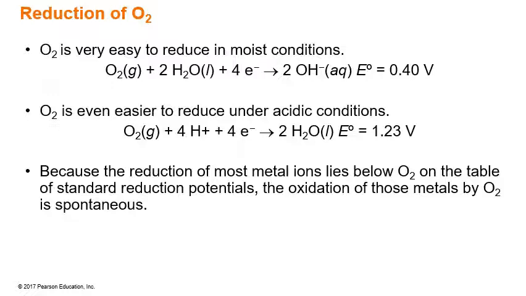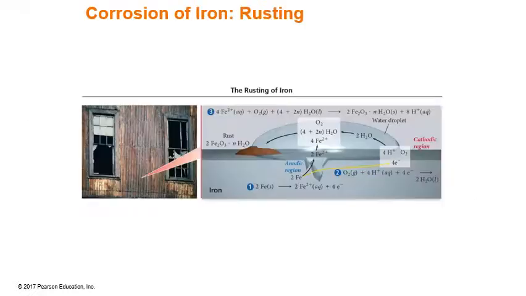Because our metal lies below oxygen, the metals are the ones that are spontaneously oxidized in the presence of oxygen. So how exactly does that happen? Well, when we have a small defect in the metal, it's called an anodic region.